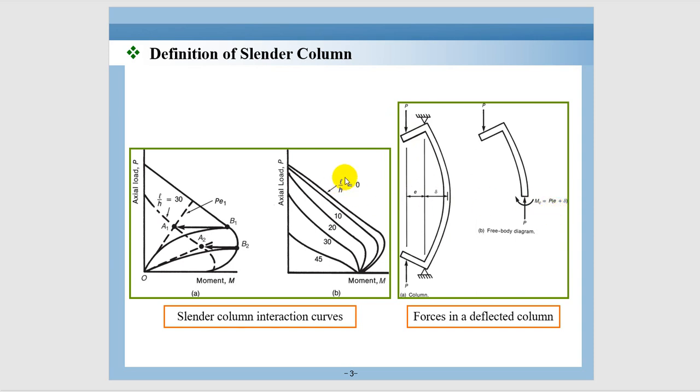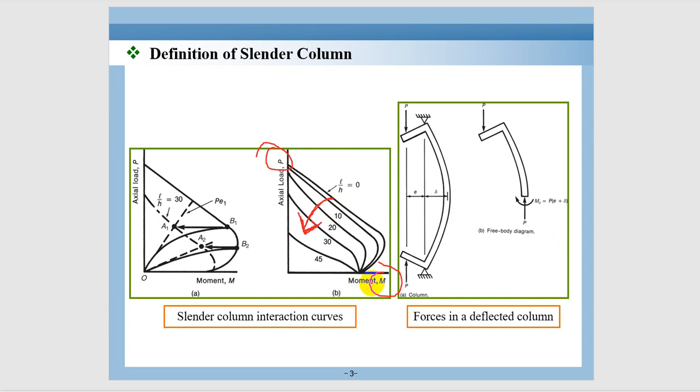And here, if L, the length of the column, increases, of course delta will increase, so that your PM diagram decreases. So your PM diagram decreases in this direction because you are having a secondary moment, and that must be considered in the PM diagrams. So the PM diagram really depends on the magnitude of your secondary moments.